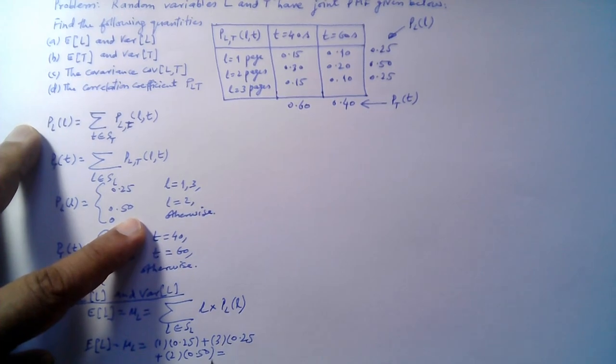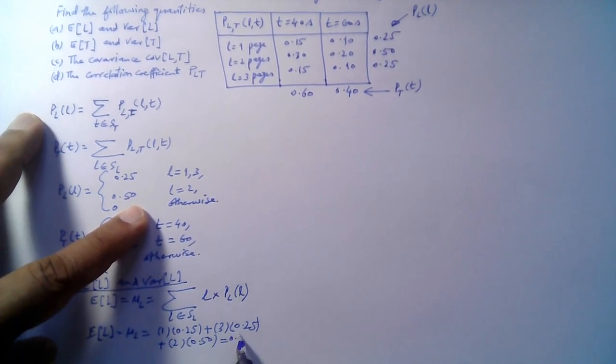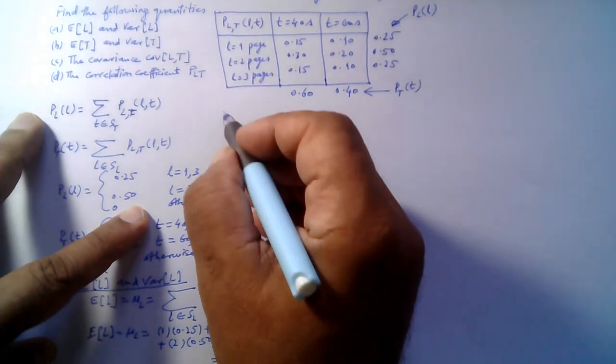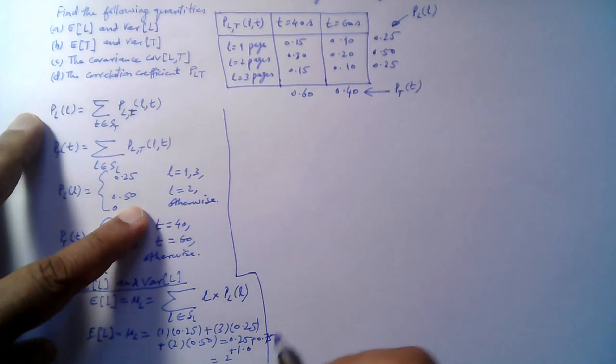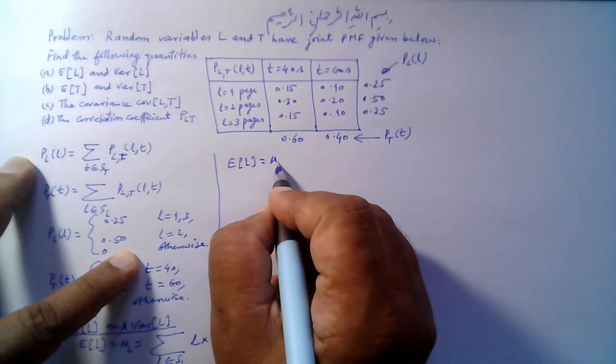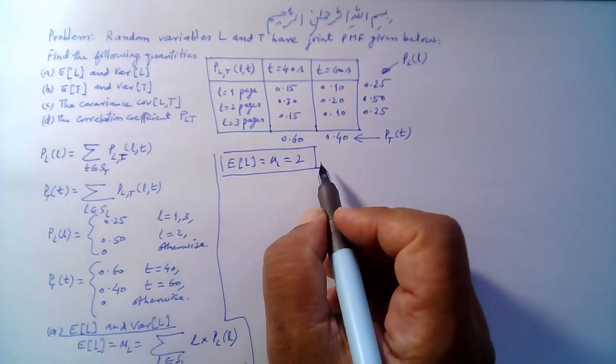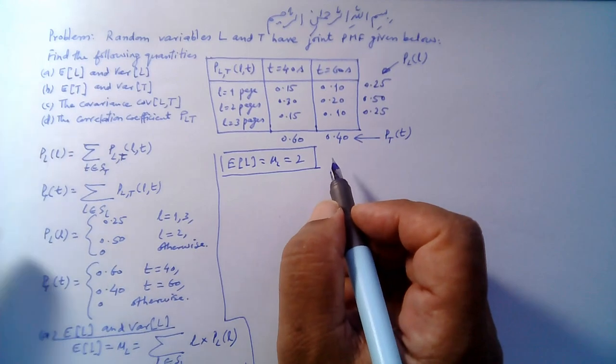If you add them together, this comes out to be 0.25 plus 0.75 plus 1.0, so this is 2. So the expected value of random variable L is 2, right? So now on to the variance.